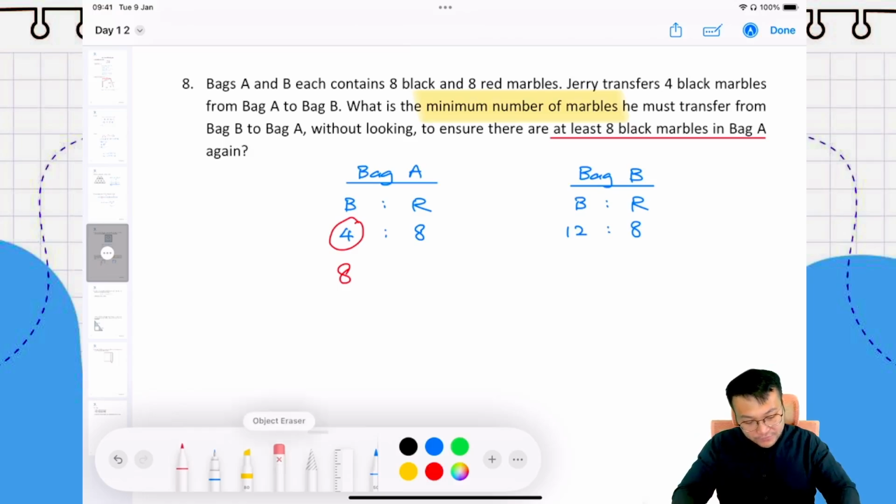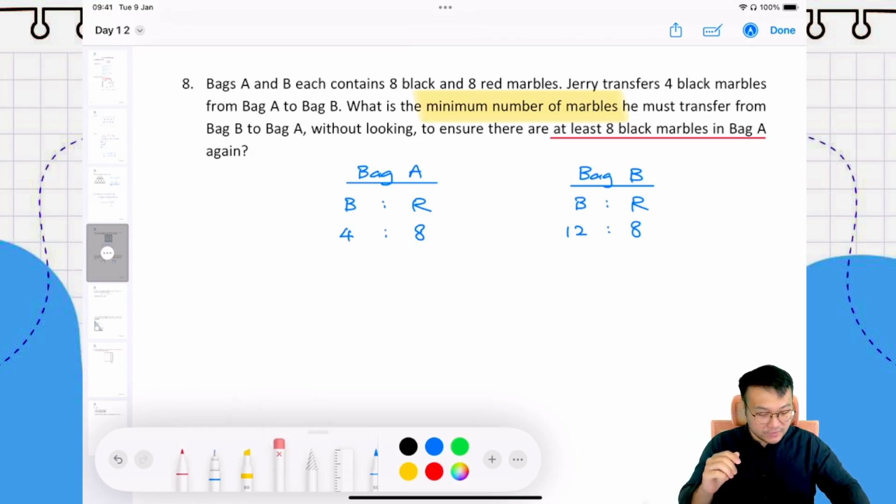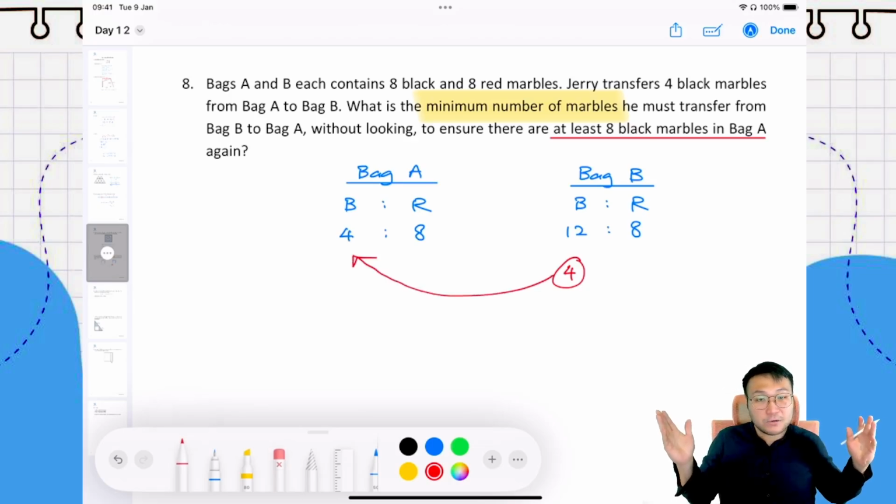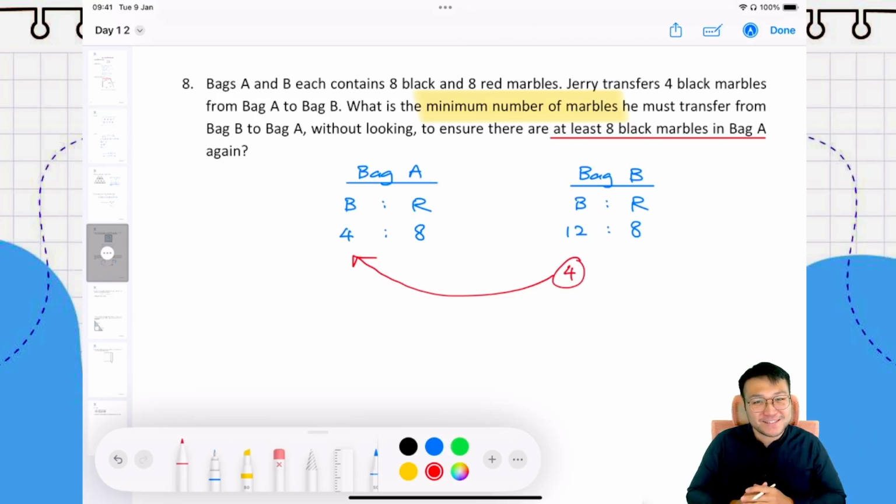If Jerry is very lucky, because he's closing his eyes, he just needs to take 4. He takes 4 from here, and then he just puts them back here. Then you have at least 8 already. But do you think he's so lucky? Students, you must think of the worst case scenario.